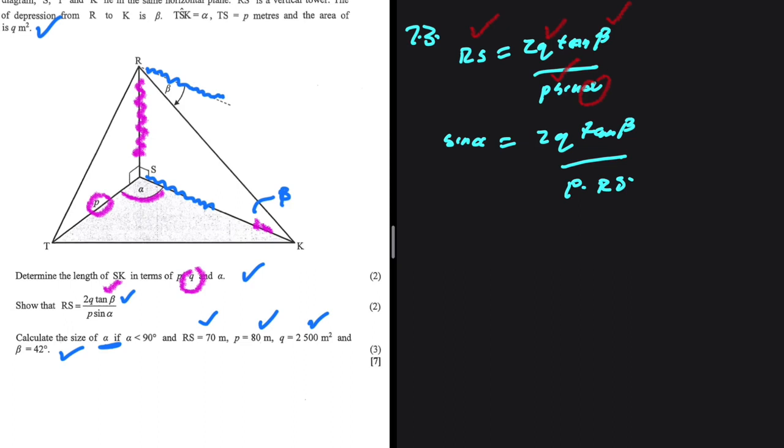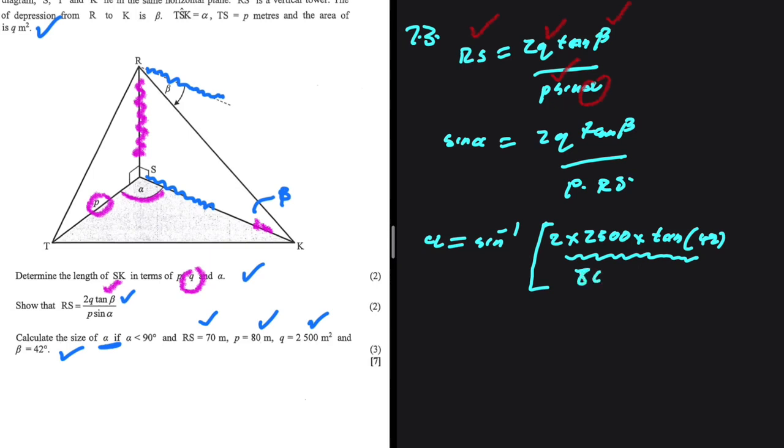So alpha is equal to sin inverse of 2 multiplied by Q, which is 2500, multiplied by tan of beta, which is 42, and then we divide everything by P multiplied by RS, where P is 80 meters and RS is 70 meters.